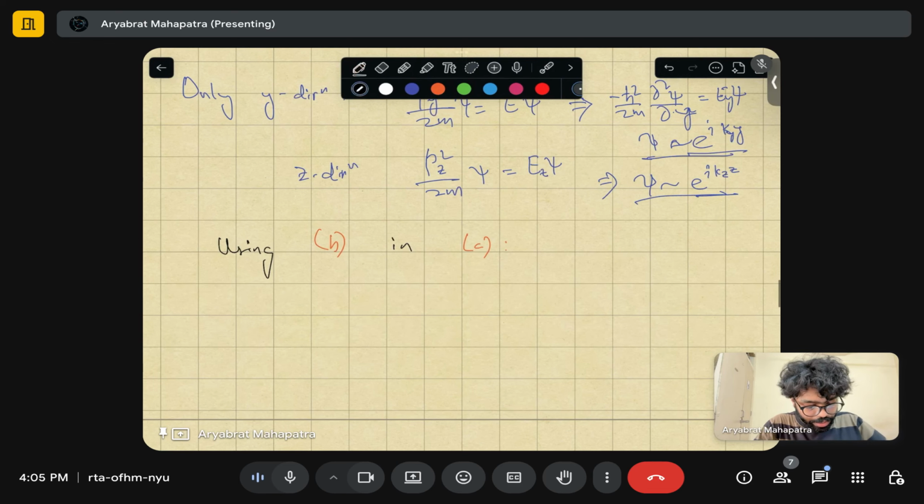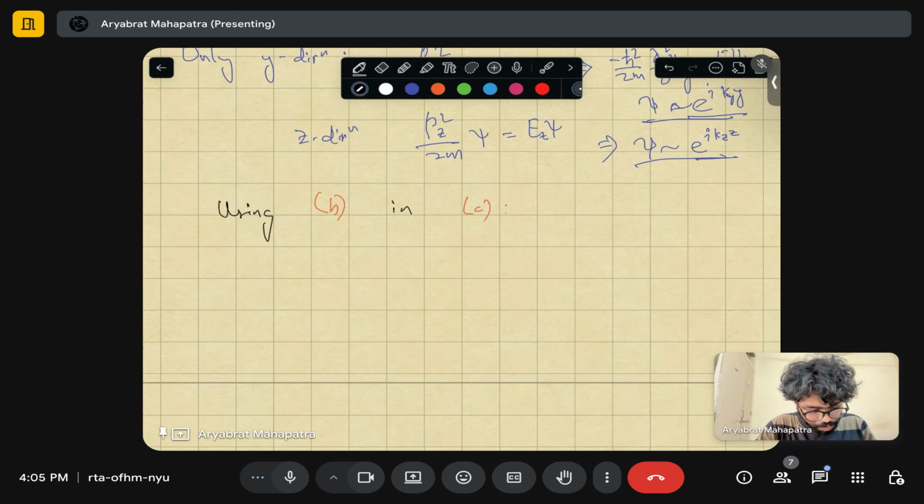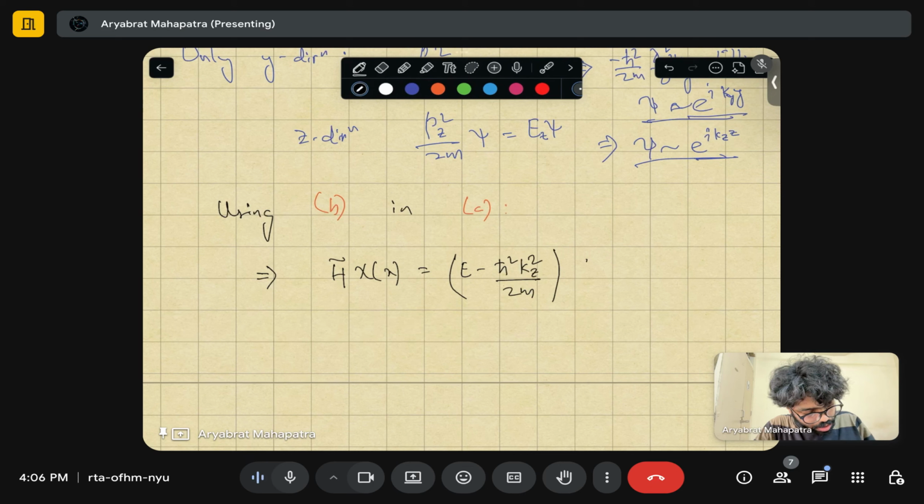you will get this relation: H tilde chi of x equals e minus h bar square kz square over 2m chi of x, where h is simply 1 over 2m px square.